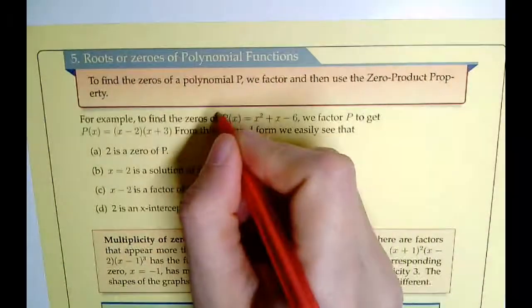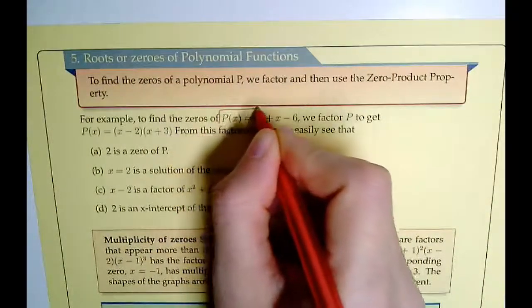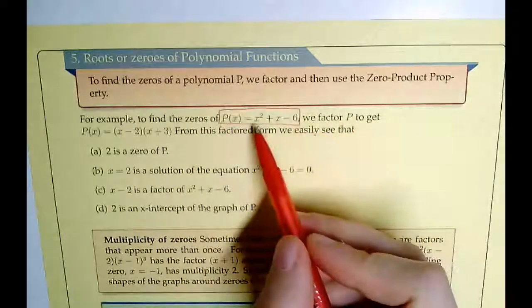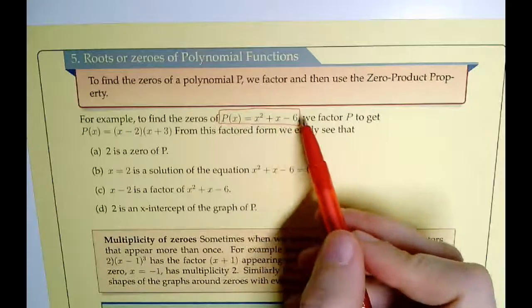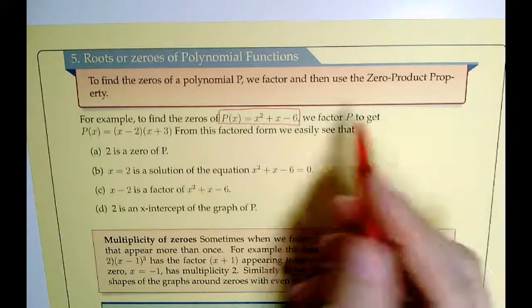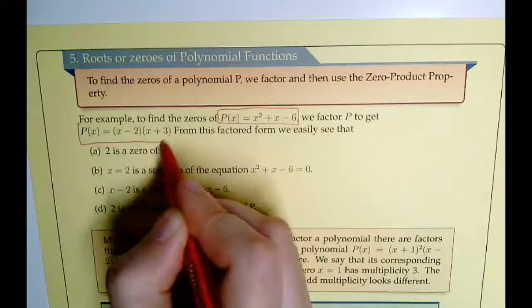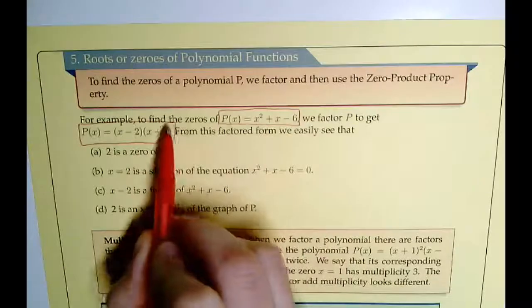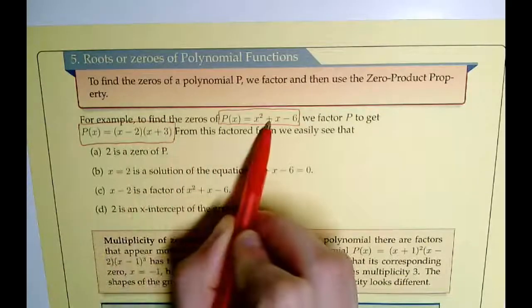If you recall from college algebra when we factored quadratics, so if I have a polynomial of degree 2, x squared plus x minus 6, we factor p, so we get p of x, but two numbers multiplied together give me -6, and added together, -2 plus 3 give me 1.